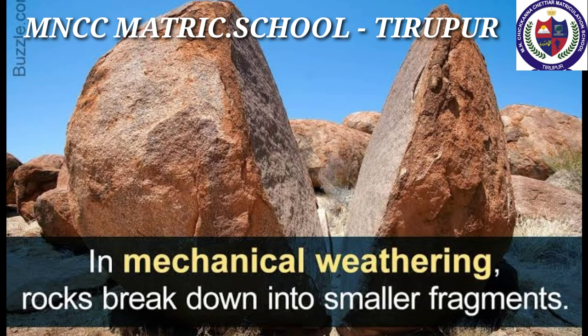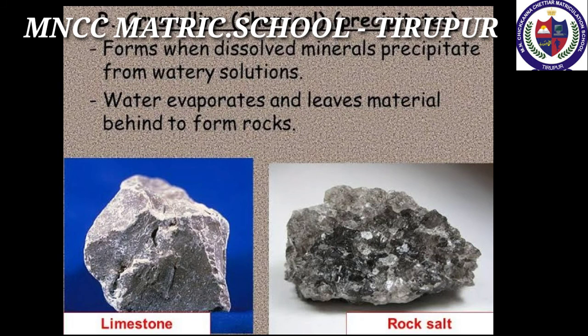Natural agents erode and transport them to some places, and after a long period of time they form rocks. Examples: sandstone, shale and clay. Chemical sedimentary rocks are formed by precipitation of minerals from water, usually through evaporation of chemical-rich solution. These rocks are also called evaporites. Rock salt and limestone are examples of this kind.